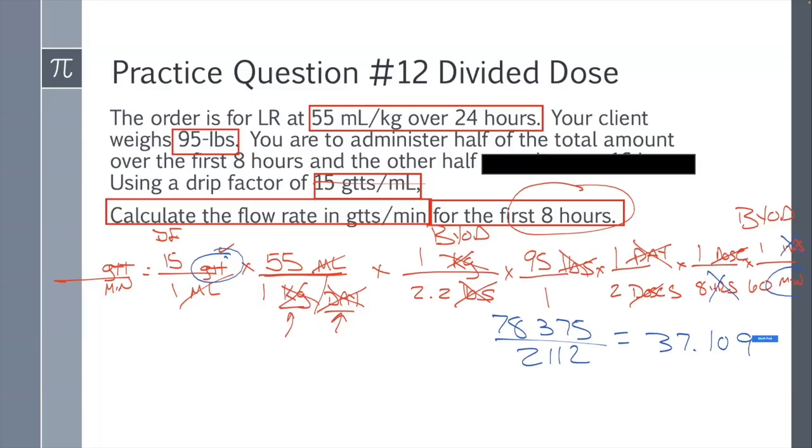And we're going to round that to drops. More or less, we're going to let that rest. So it's going to be 37 drops per minute.